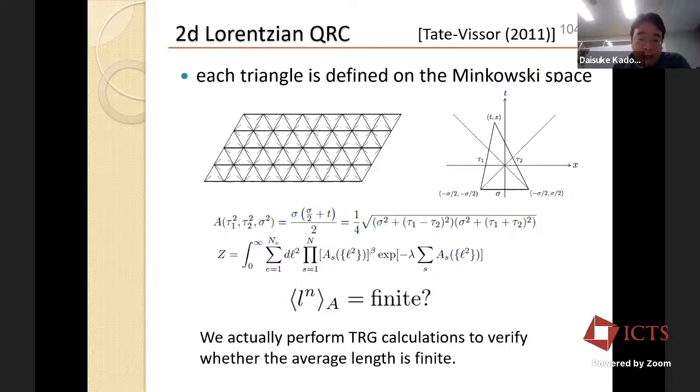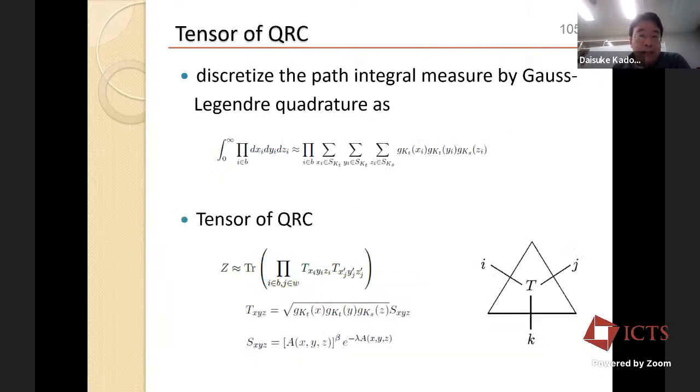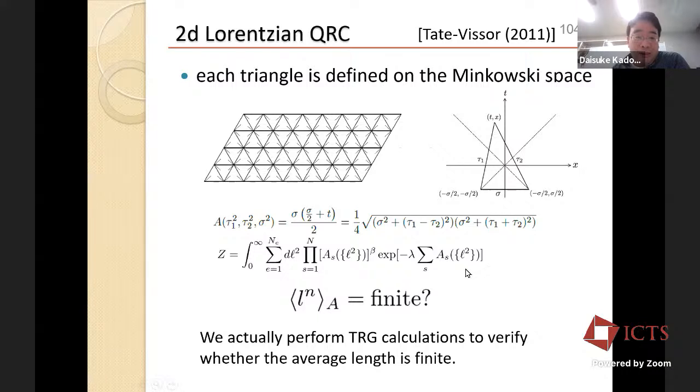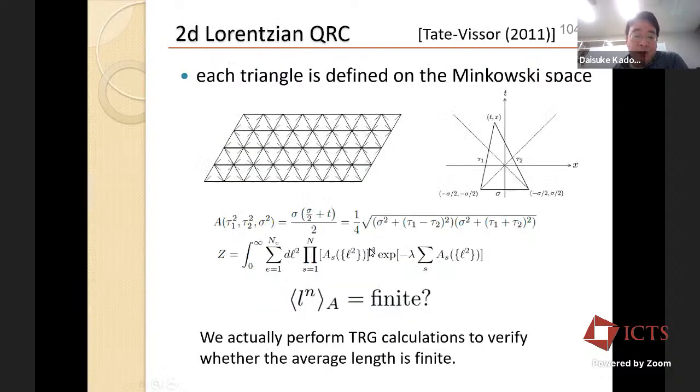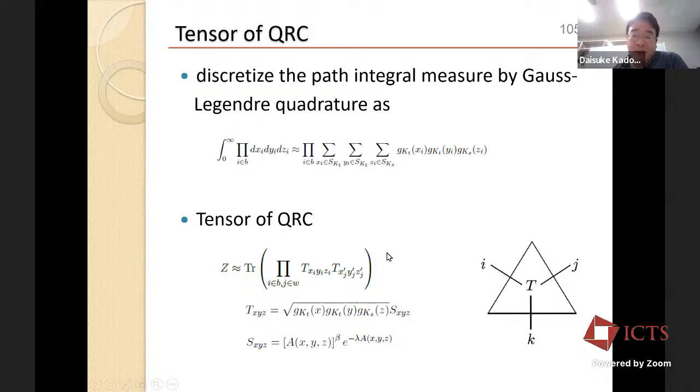Okay, so the tensor network form of QRC can be derived by using techniques similar to the scalar field theory. And this continuous integration is discretized by a summation using Gauss-Legendre quadrature like this. Then the partition function of QRC is approximately given by a tensor network of rank 3 tensors.